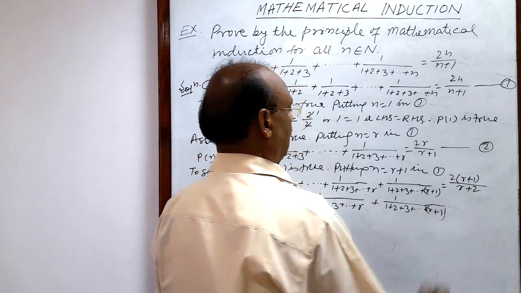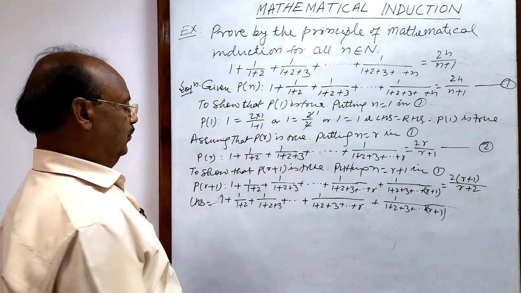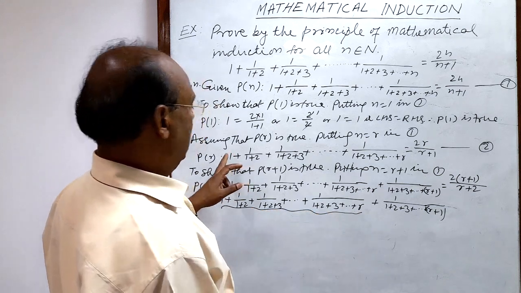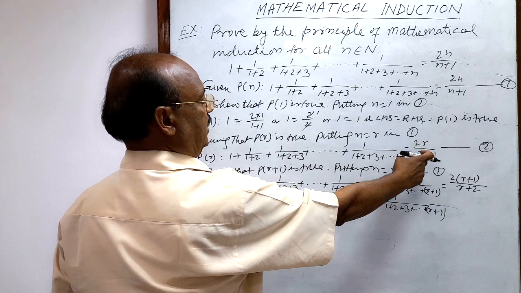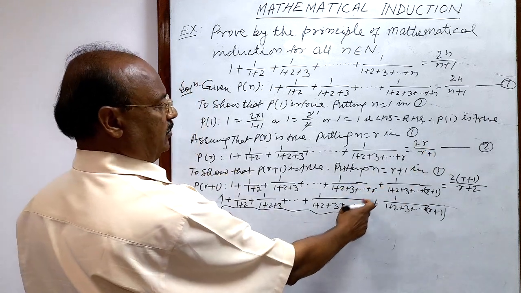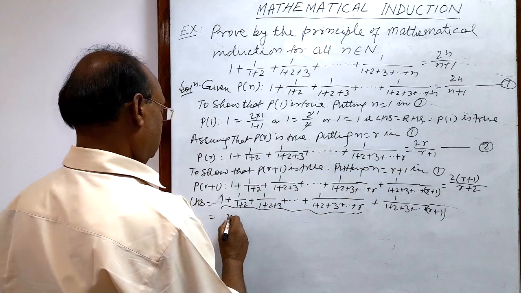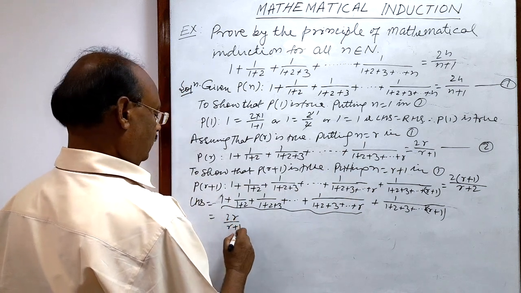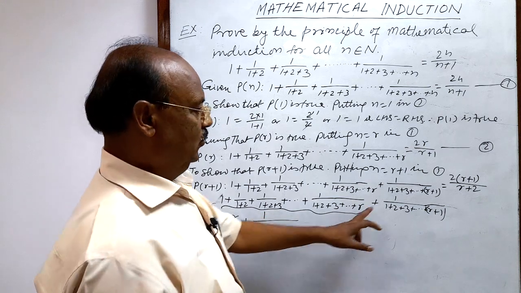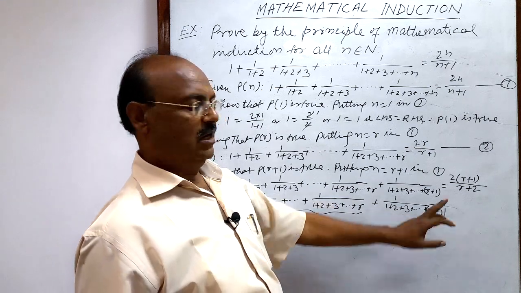Correct? And you see relation number 2. Up to this much portion, we have the value 2r by r plus 1. So in place of this much part, you can write 2r by r plus 1. And the next term is 1 by 1 plus 2 plus 3 up to r plus 1.